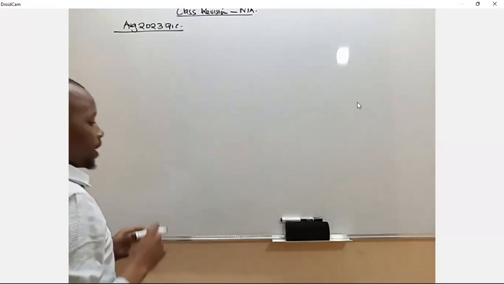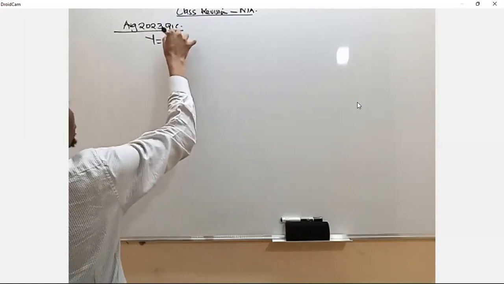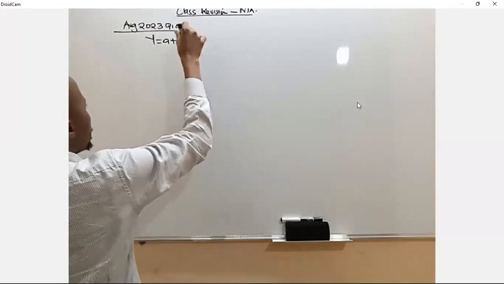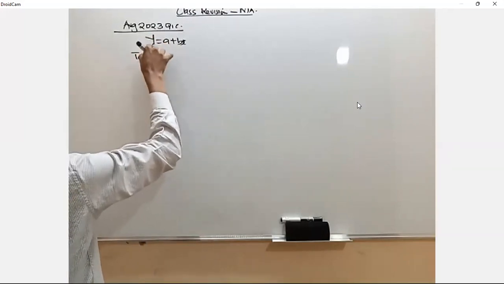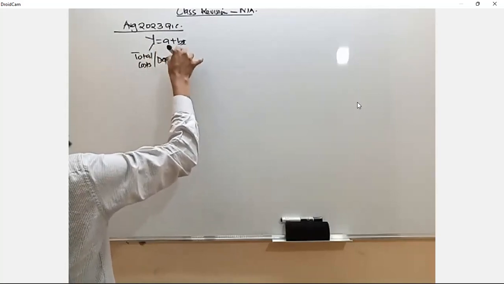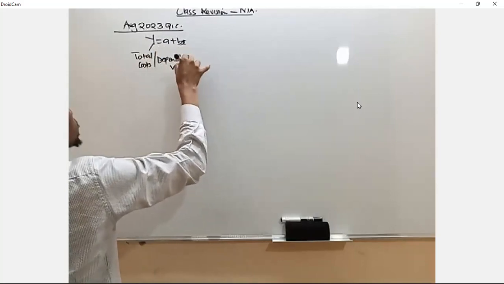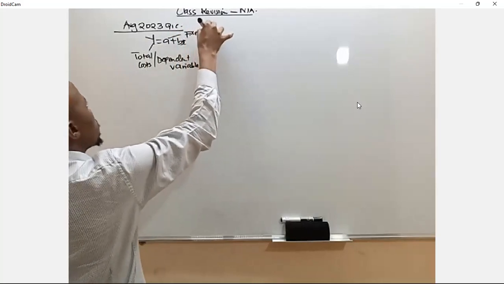The examiner has given us dependent and independent variables, but what we are forming is the linear equation, A plus BX. Let us remind ourselves very quickly: Y should be the total cost, which is normally called the dependent variable. Our A is the fixed costs.